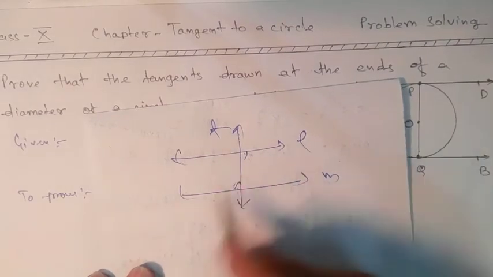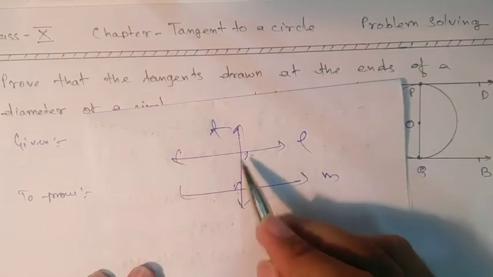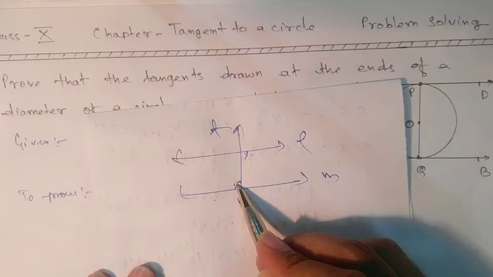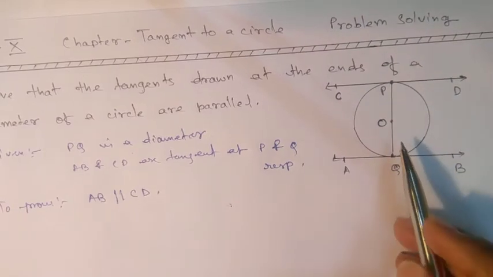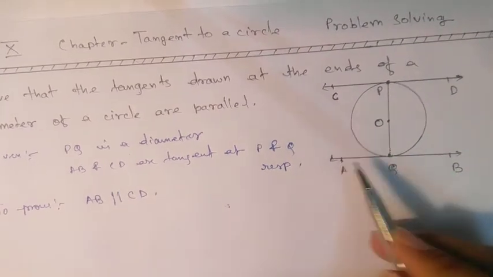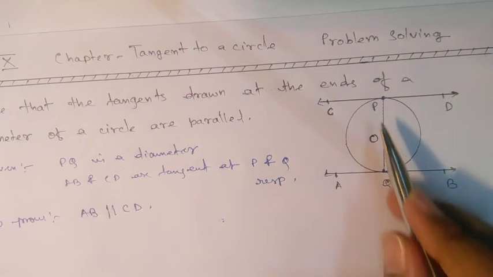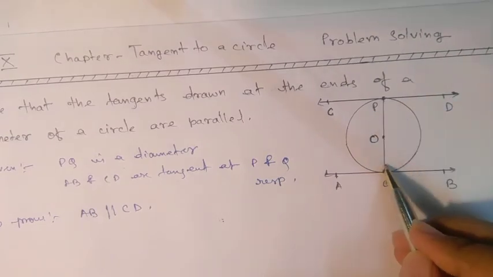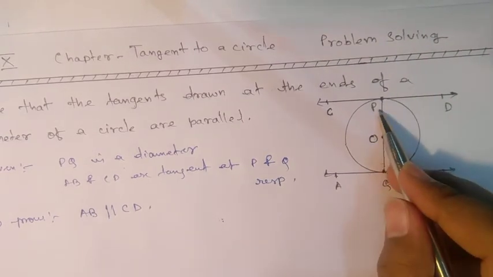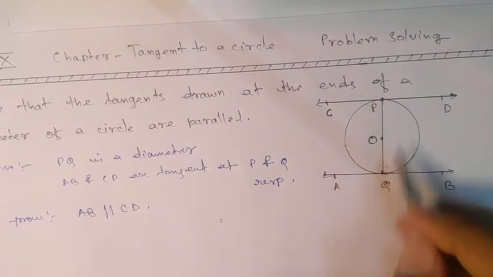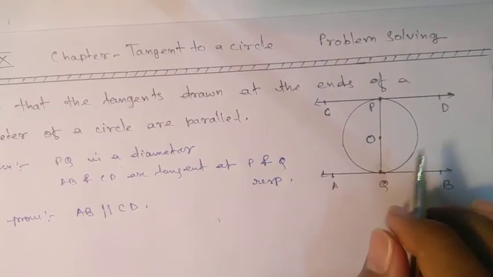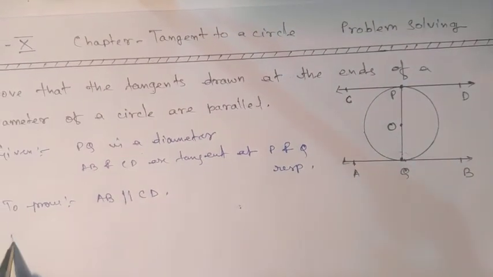Or if alternate interior angles are equal, then these two lines must be parallel. We'll use that concept. We need to show that angle AQP equals this one, or this angle equals this. Any one of them you show. Okay. So we'll start.